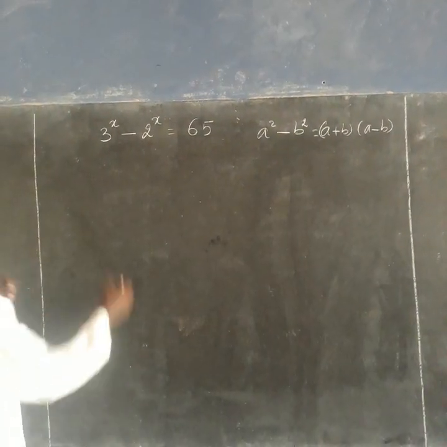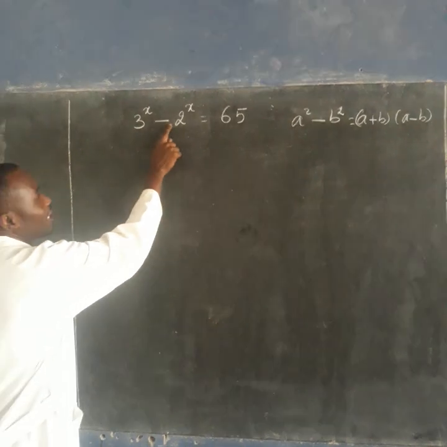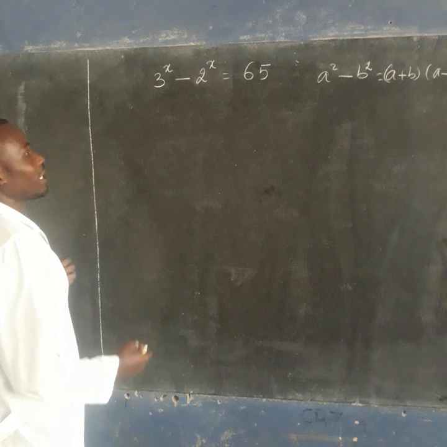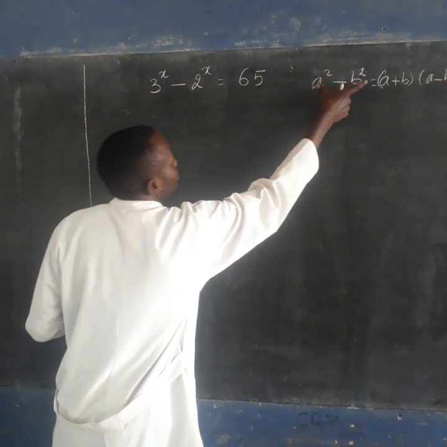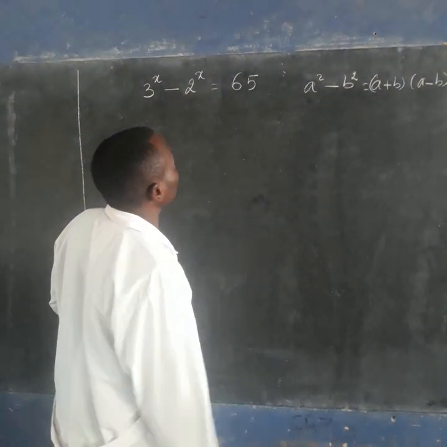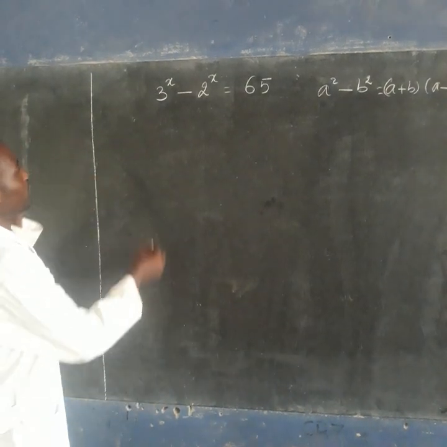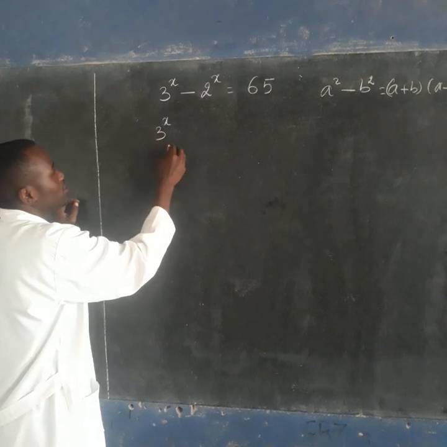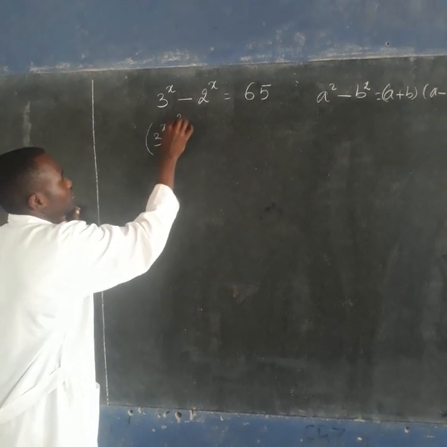After looking here, we have a negative sign and we have an exponential equation. We are going to make it a difference of two squares, so we write it as 3 power x, squared.